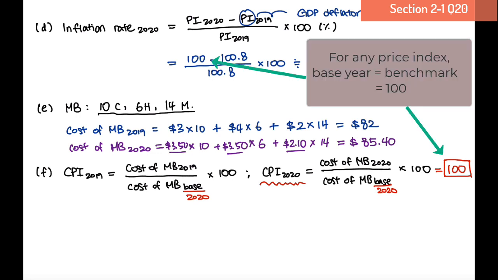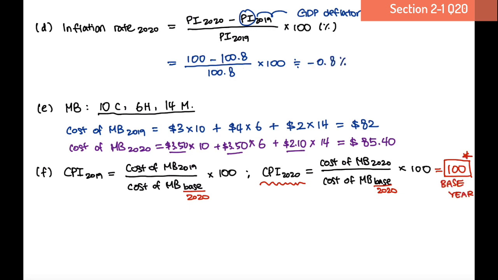which means your CPI of 2020 would also be 100. And this is because, again, your 2020 is your base year. It doesn't matter if you're using the GDP deflator or the CPI. Your base year will always be 100. On the other hand, for the CPI of 2019, we have a cost of market basket in 2019 being $82, while in the base year it's $85.40 times 100, and that gives us the CPI of 96 for 2019.